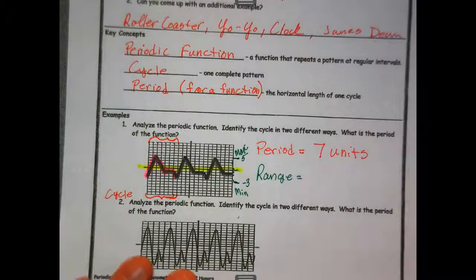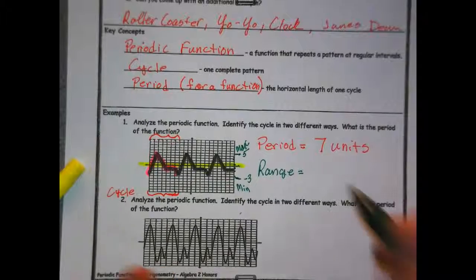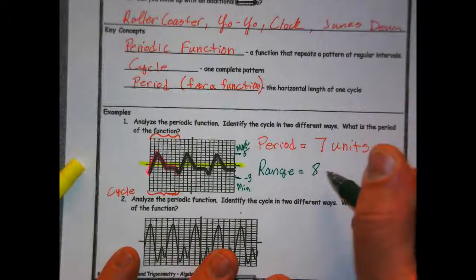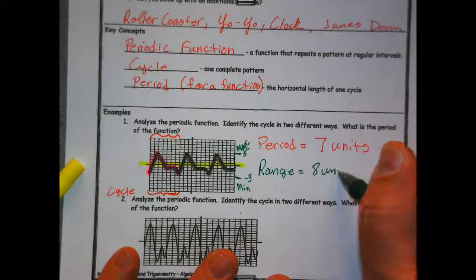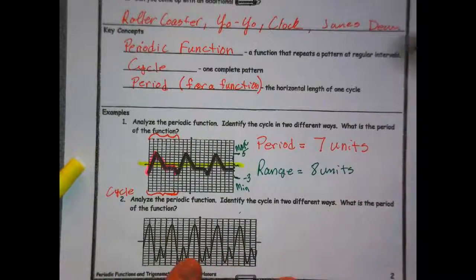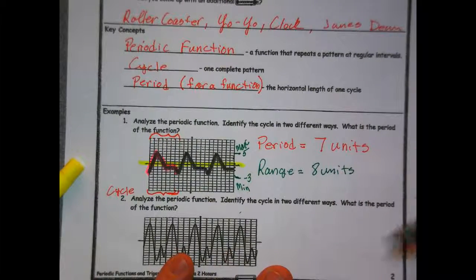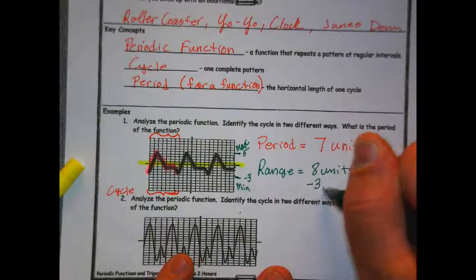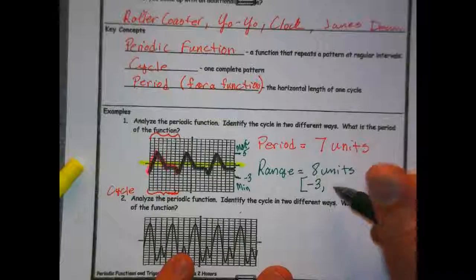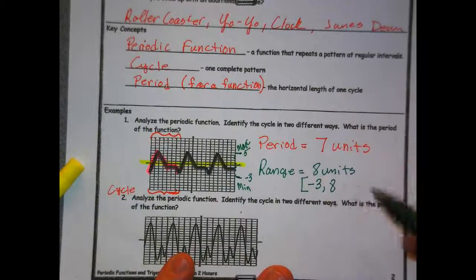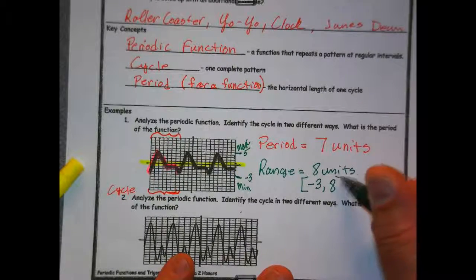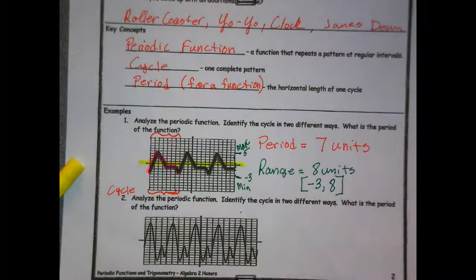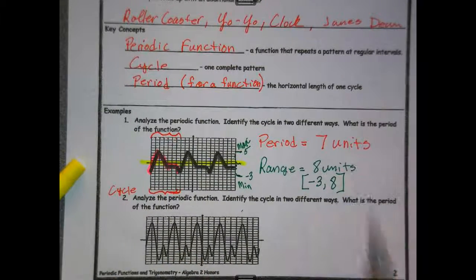So my range is 8 units, right? No, negative 3. I can't see it. If I wanted to put this in interval notation, it would go from negative 3, including negative 3, to positive 8 units. You could do that with the domain too.